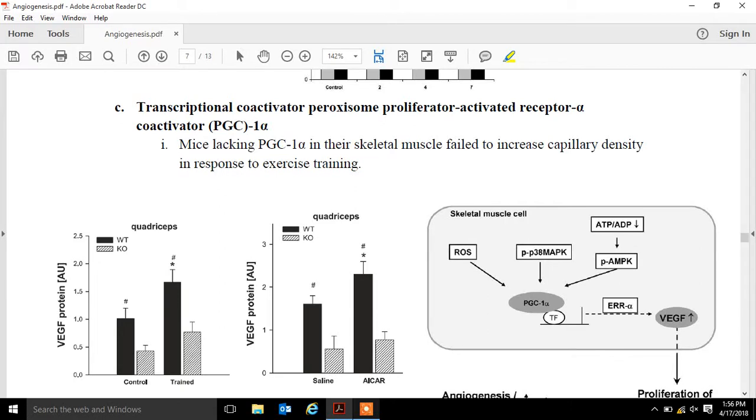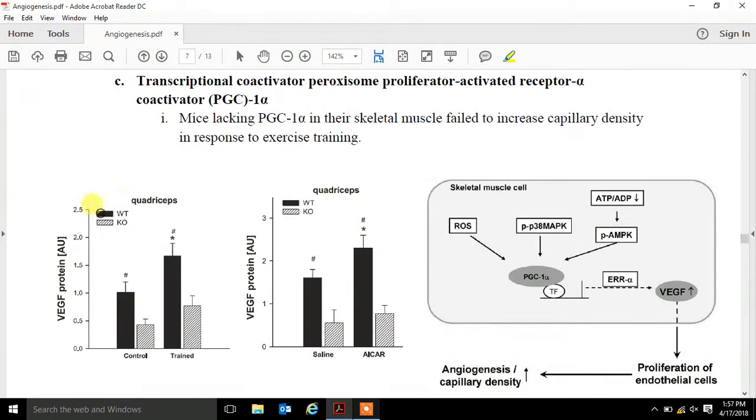Some of the coolest evidence for PGC1 alpha is that if we take mice that lack PGC1 alpha in their skeletal muscle and train them, they fail to increase capillary density in response to training. If we wipe out PGC1 alpha, we don't see any increases in capillary density. And that's this data here.